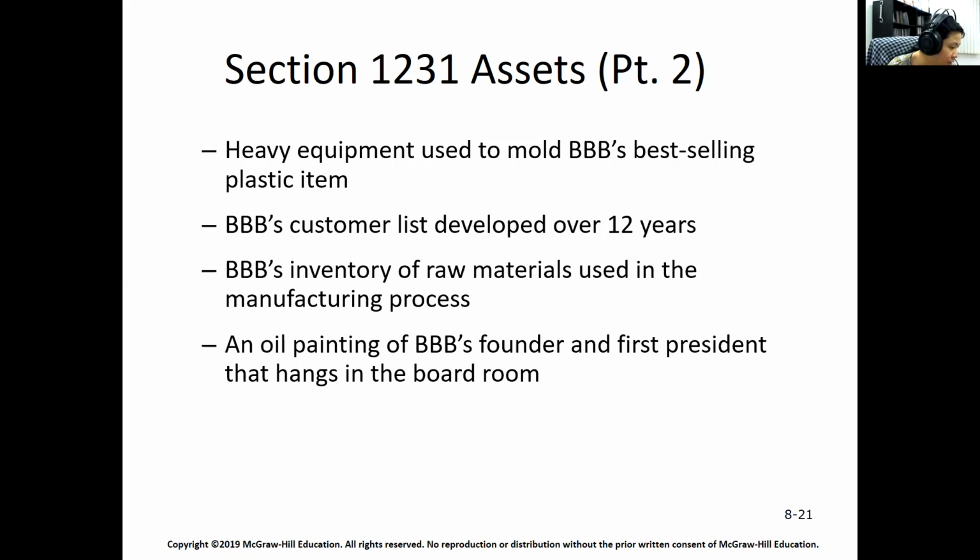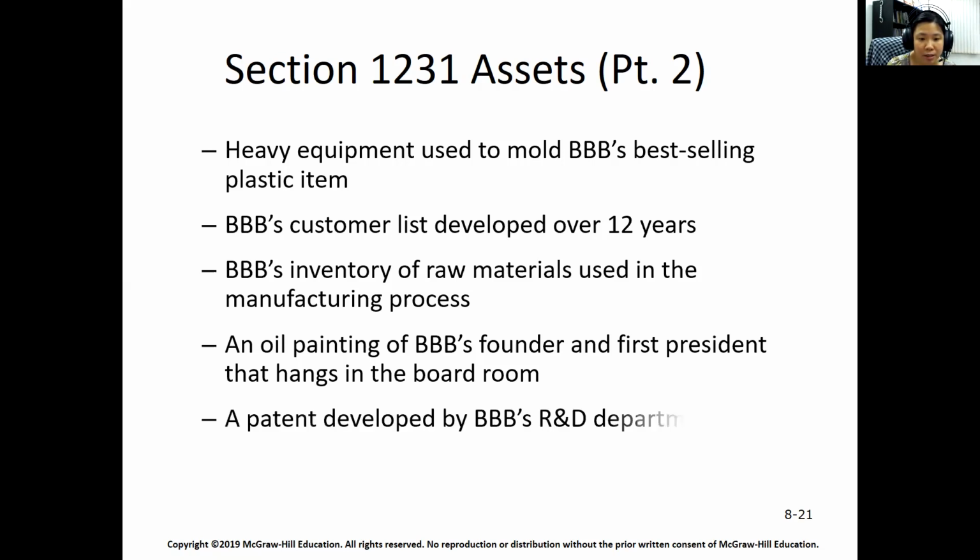If you read the question, it also says the painting was commissioned by the company from a local artist and paid for in cash. Because this artwork was made by a local artist, not by the taxpayer, in this case it is a capital asset.